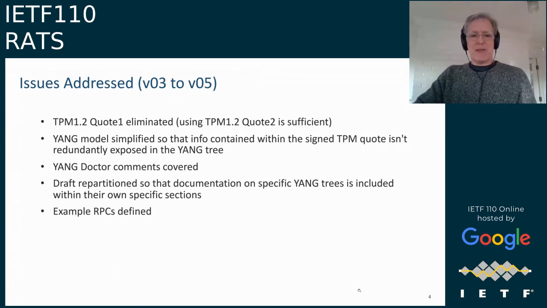We also got a number of Yang doctor comments that were all covered, and we repartitioned the draft so that we had the Yang tree broken out to make it more readable. One last thing is we defined some example remote procedure calls so you can see how the quotes are retrieved.